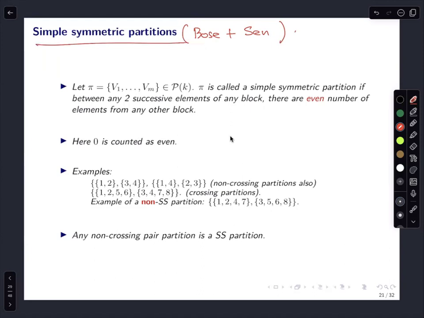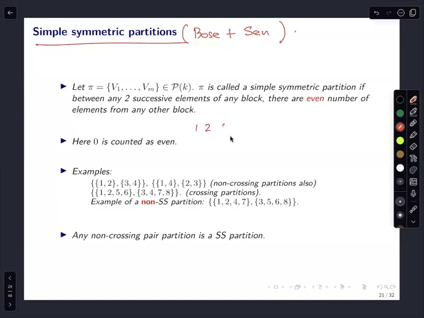Here I take a partition of 1 up to k, which I call V1, V2, up to Vk. So these are all blocks. I call them a simple symmetric partition if between any two successive elements of any block, there is an even number of elements from any other block. Okay, so this is a complicated definition. So let me just explain with this example.